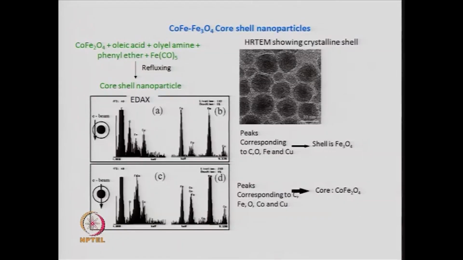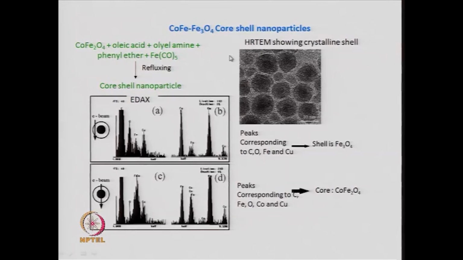You can image the nanostructures, or you can do electron diffraction and find out the crystal structure of your nanocrystals, and you can also find out the composition of your nanocrystals by energy dispersive X-ray analysis. All these things can be done using a transmission electron microscope.